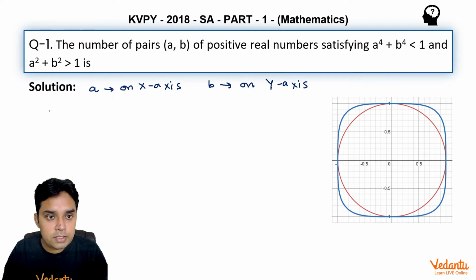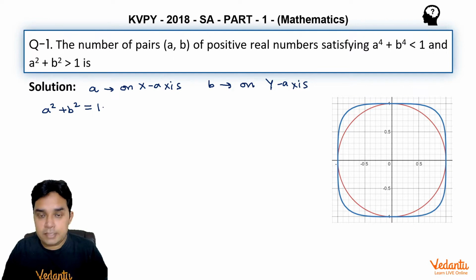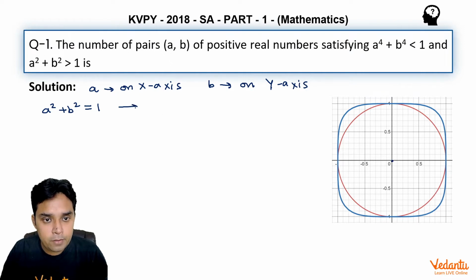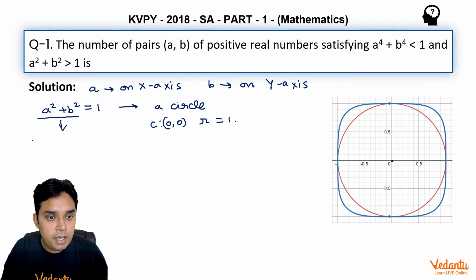Then this a square plus b square equal to 1, if I consider first, it will be representing a circle whose center is at origin (0, 0) and radius is 1. In fact, this a square plus b square is the square of distance of (a, b) from (0, 0).